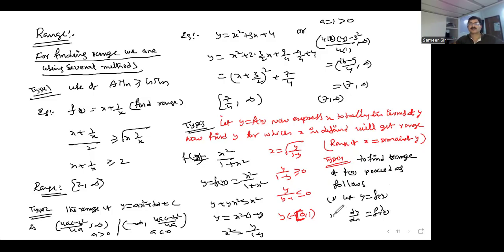This is what second. And now in the third case, dy by dx equal to 0, or you can say that f dash x equal to 0. You got x has got some a and b after making that.